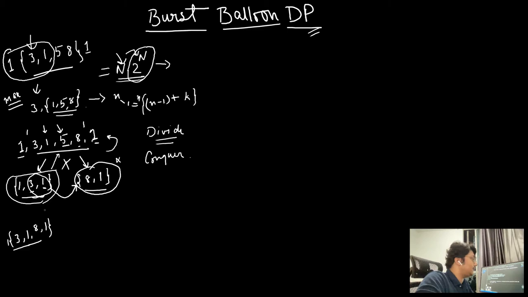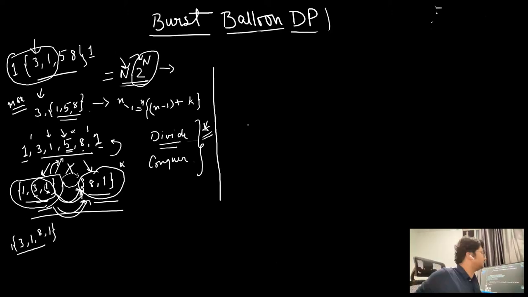So if you divide in this way, these are not interdependent from each other. So what that means is we cannot apply a divide and conquer solution on this problem. So now we have to think of another way to solve this problem.